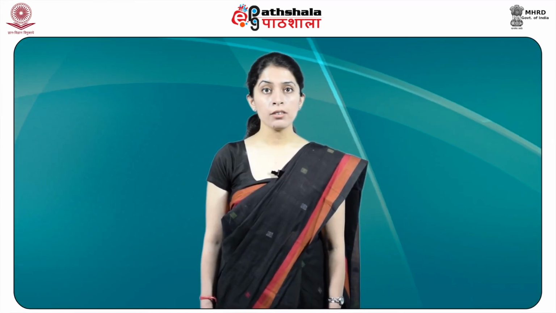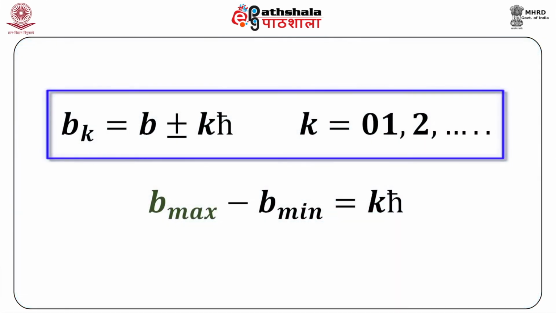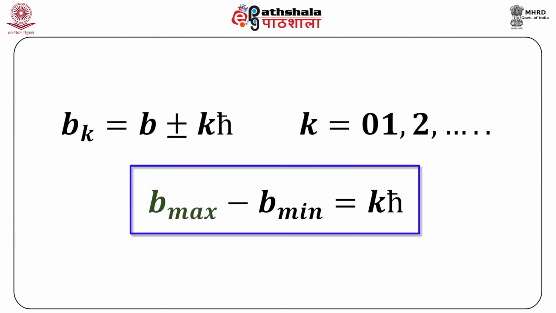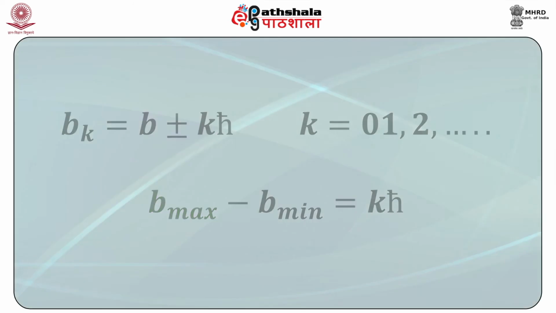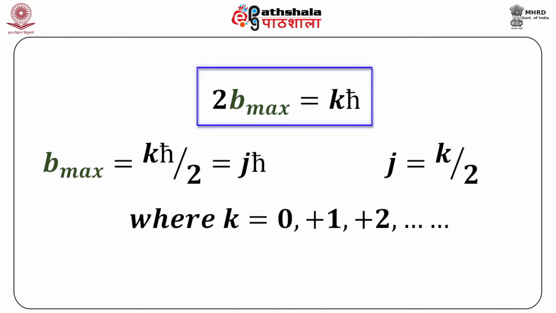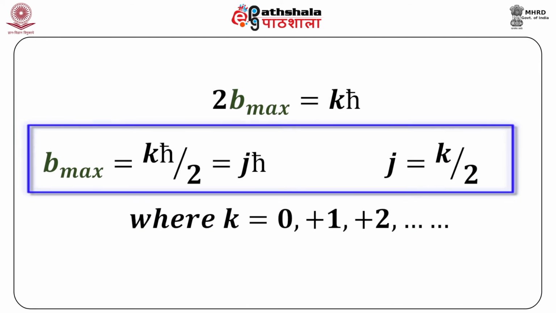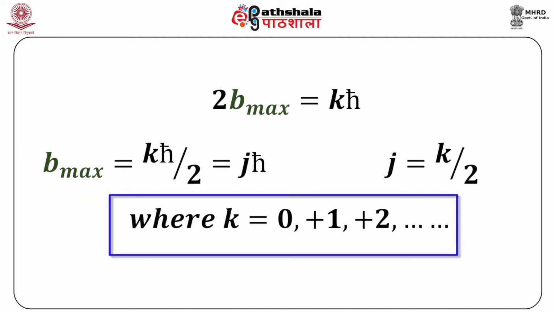With this, the eigenvalues of angular momentum component Lz become Bk equals to plus minus K h cross, where K is equal to 0, 1, 2 and so on. B max minus B min equals to K h cross. Now substituting this expression, we get the equation as 2B max equals to K h cross, which on further simplification gives the value of B max as K h cross by 2, which becomes equal to J h cross, where J is taken as K by 2 and K can take up values 0, 1, 2 and so on.